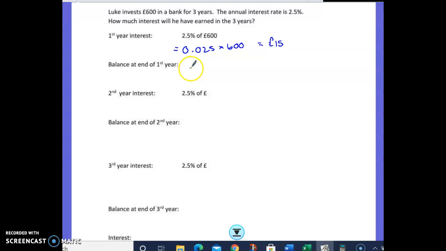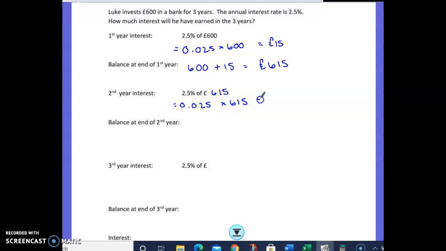So at the end of the first year, we have that £600 that we put in, plus the additional 15, so we've got £615. When it comes to the second year interest, we need to find 2.5% of £615. 2.5% as a decimal is 0.025. You can, of course, do 2.5 divided by 100.